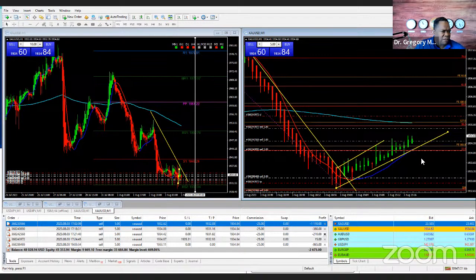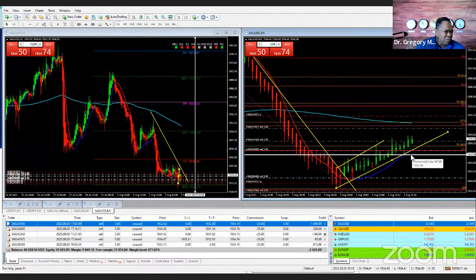If you're looking for fresh sells, you want to look for maybe a break of 1933.94. We're breaking the trend line, breaking the last swing low, and breaking below a moving average, and that would give us more of an indication that we're going to be heading lower.